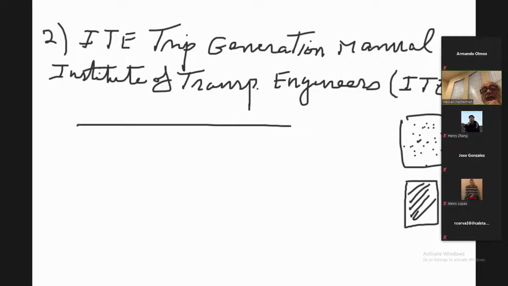So here is the office, for instance. They have an AM peak. They have a PM peak. And they have daily.